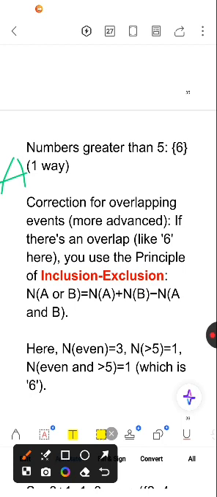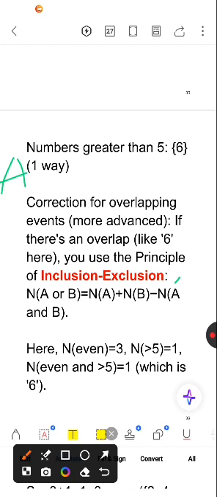And the number of values greater than 5 is 1, because it only says greater than 5 on the die. And then where A and B are combined, a number that is even and also greater than 5 has a cardinality of 1, which is 6.